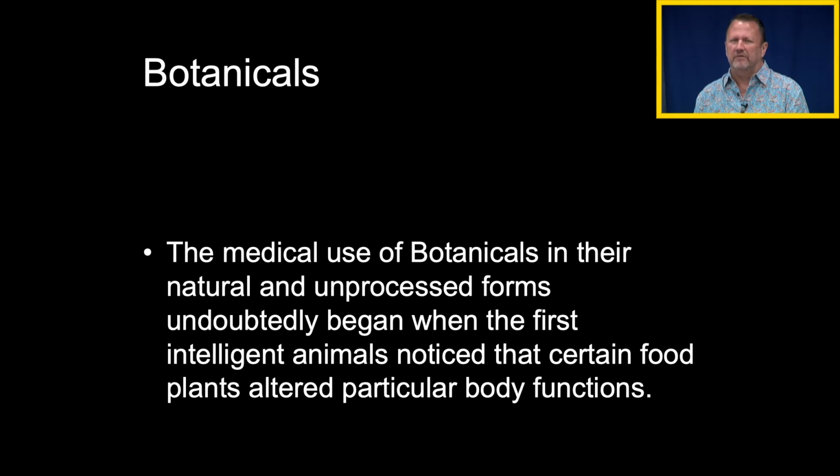Pharmacology started from very primitive creatures realizing that if they ate certain things, their bodily functions would change. That's something intelligent creatures needed to realize early on. There are certain things we can eat that make us very ill, and we won't eat them again, hopefully. But there are other things that we can eat that make us feel better and change our body functions.